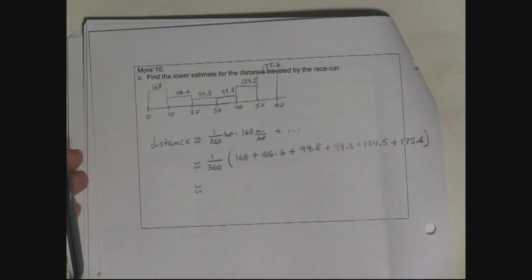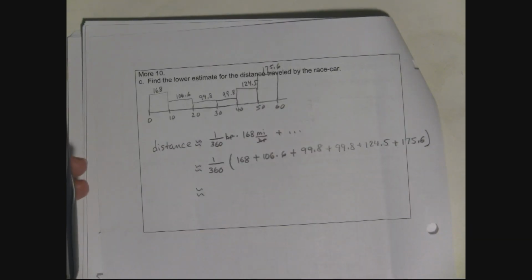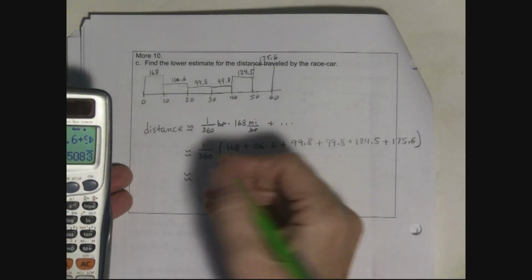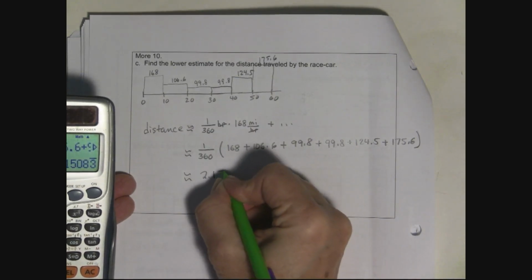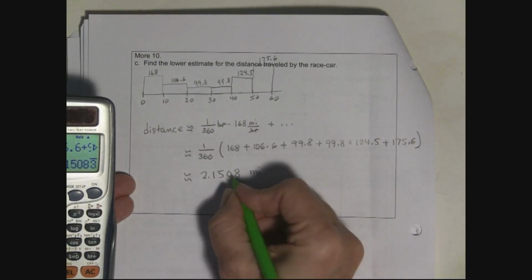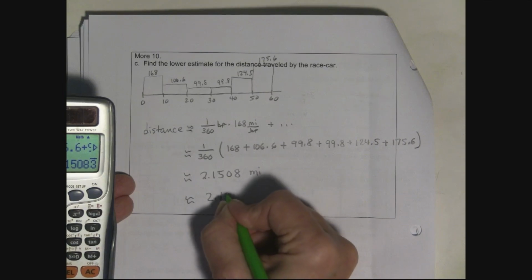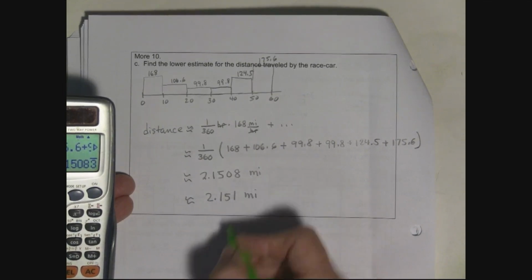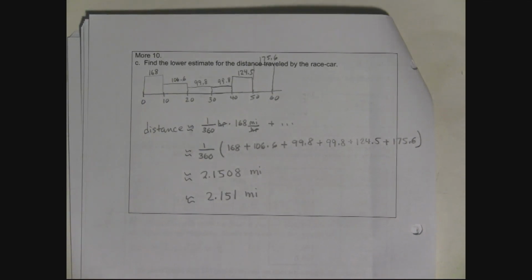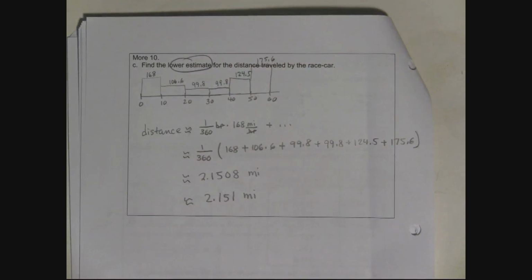Oh, I was supposed to use the smaller. Oh, 176.1. It was bigger. Okay, good. I think I have used the smaller on all of them. I tried to. And I'm getting 2.1508, but I did look in the back of the book and I did notice that they rounded to 3 places. So I'll round with them. So that is the lower estimate of the distance traveled by the race car.